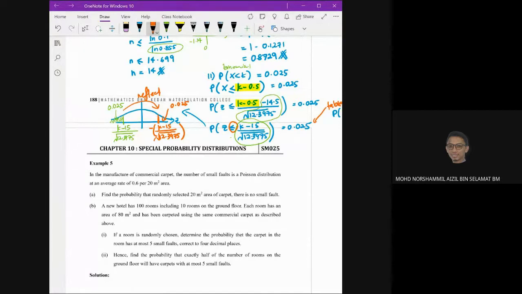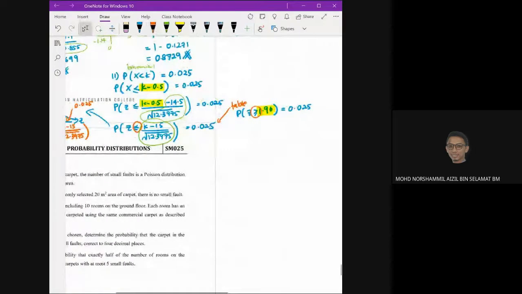So kita top up negatif saja. So maksudnya akan jadi probability of Z greater than or equals to negative of K minus 15 over square root of 12.3975 will be 0.025. Barulah boleh compare. Masya Allah.